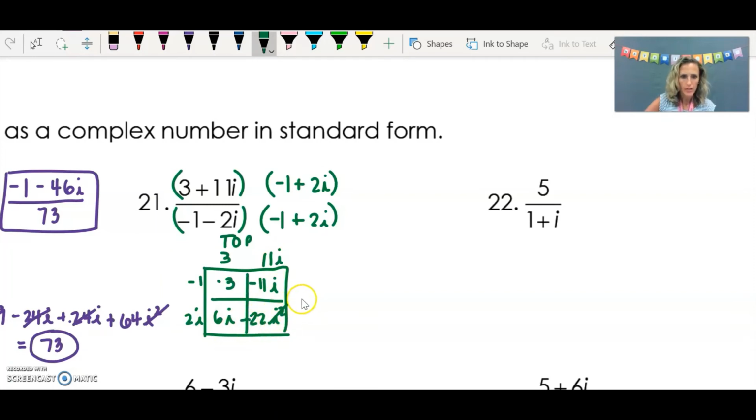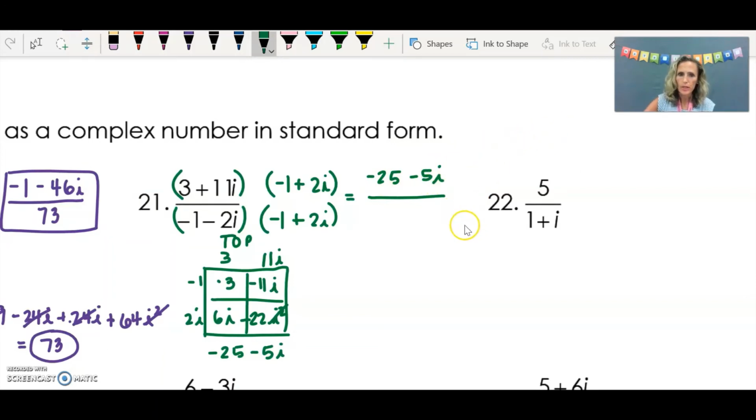Get rid of that and change the sign. So I have -3 and -22, that's -25. 6 minus 11i, that's -5i. So the top of my fraction is going to be -25 minus 5i.